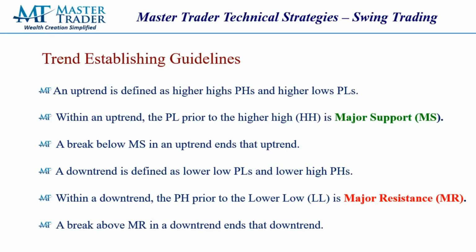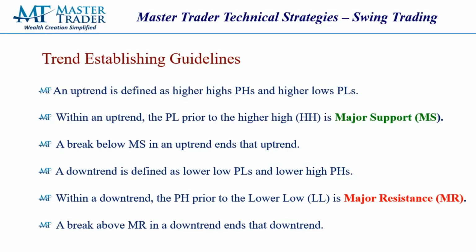Every time prices make a higher high that was preceded by a prior swing low, a pivot low, that becomes new major support. And we continue that process until it ends, meaning that prices traded below that major support level, and that ends the uptrend.